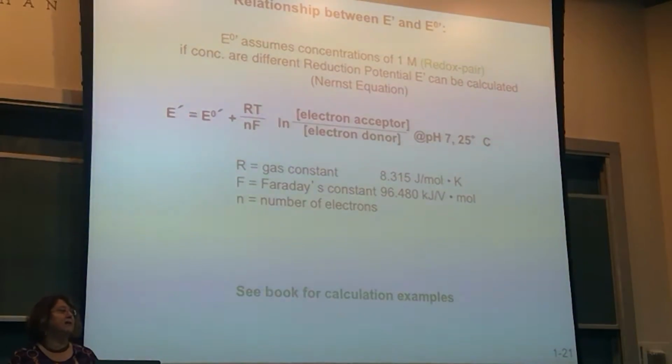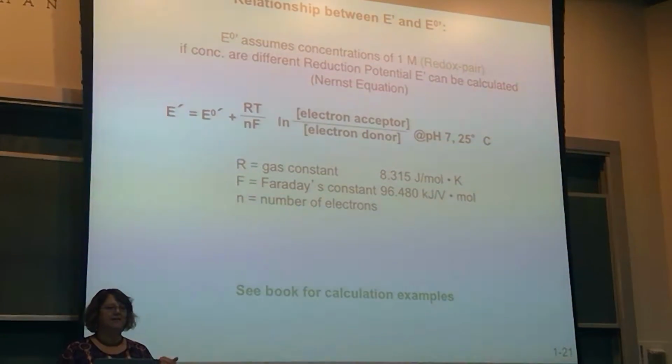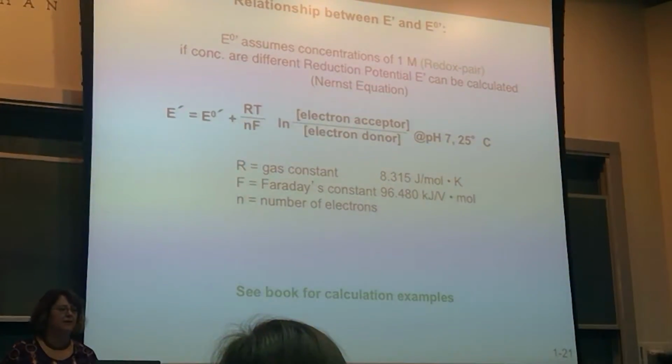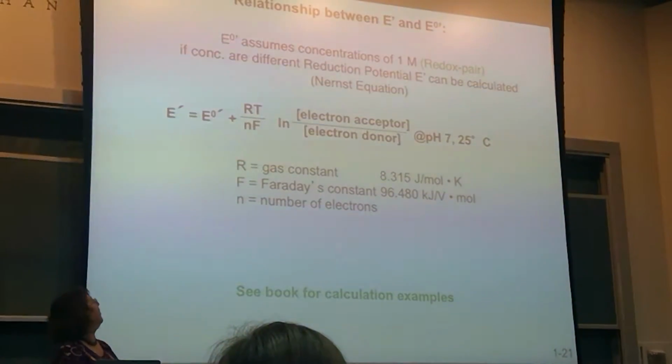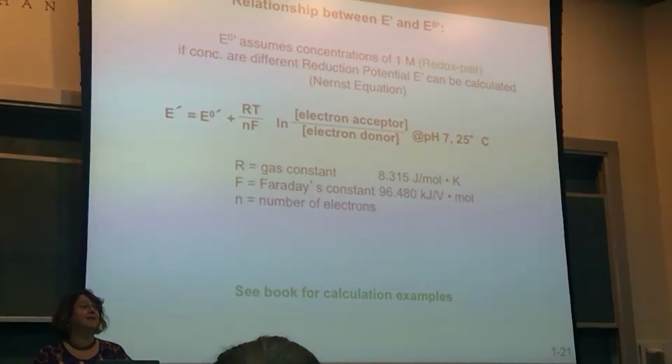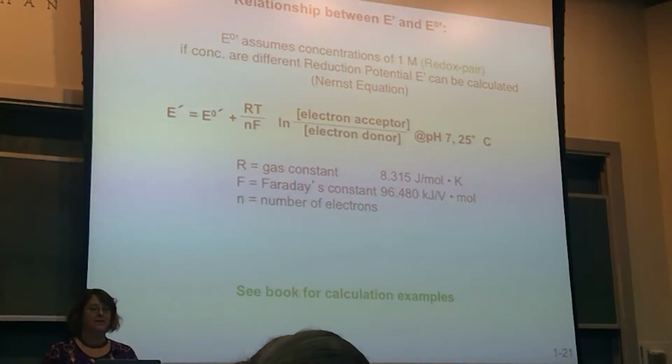Just like we talked about, we first talked about delta G prime and then delta G0 prime. I just wanted to spend one minute on this here for E. E0 prime assumes that the concentrations are 1 molar, and that's from the redox pair.